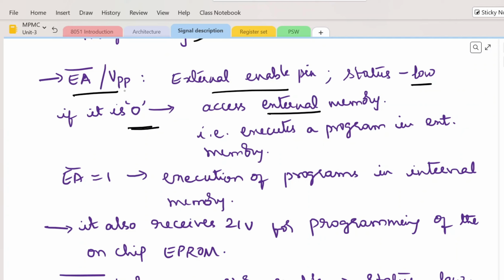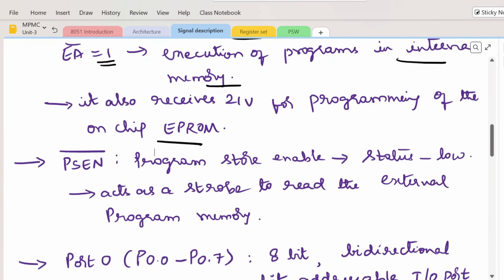That means the microcontroller executes a program which is in the external memory if EA bar is equal to 0. If EA bar is 1, then the microcontroller executes a program in the internal memory. VPP means it also receives 21 volts for programming of the on-chip EEPROM memory. So this is EA bar by VPP.